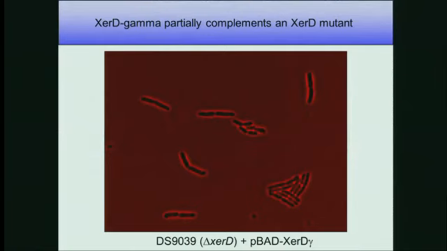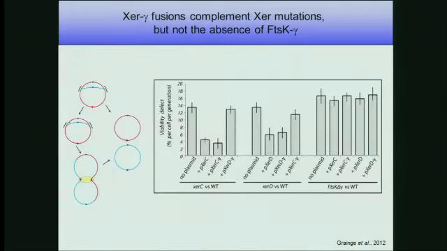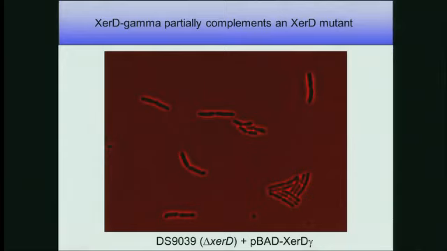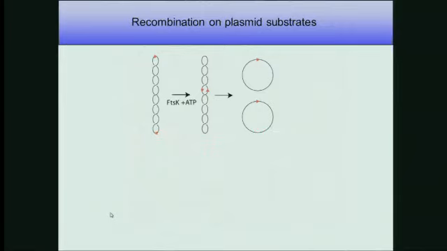So here's just a little aside to wake you up. This is E. coli cells growing. So this is the experiment shown here, where you're complementing a XerD mutant with this fusion protein.